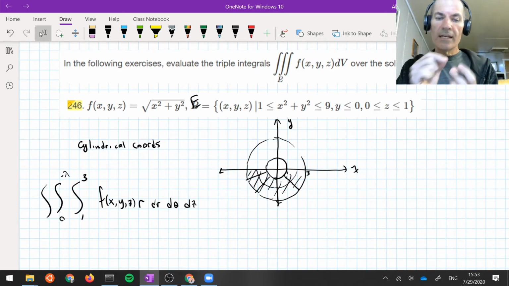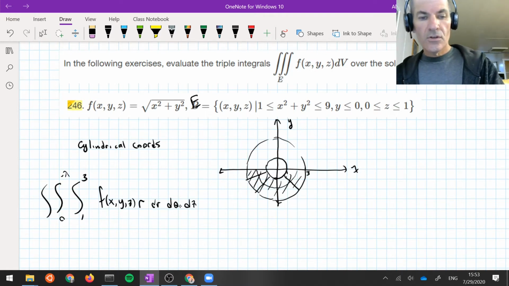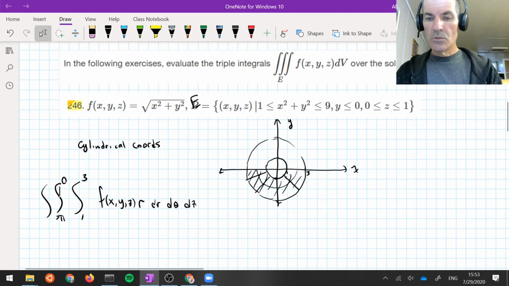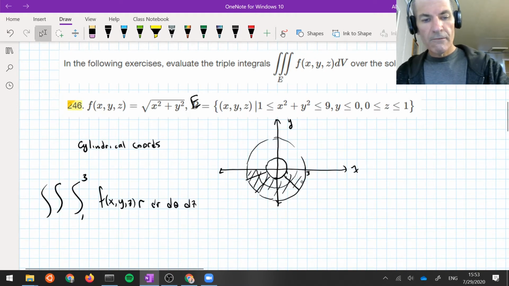And you're always writing these integrals in the direction of increasing variable. So I could have written minus pi to 0. That would be legit because you would be starting here at minus pi and ending up here at 0. Or if you just want to stick with positive numbers, you can go from pi to 2 pi.